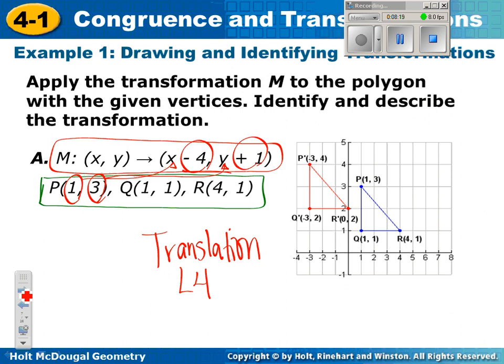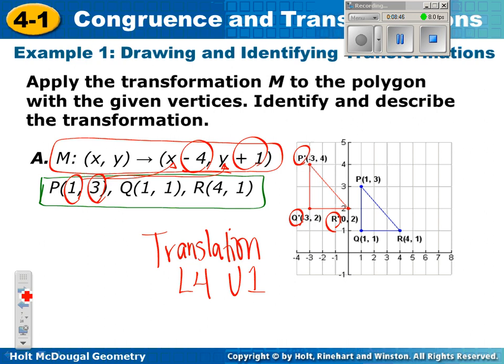And since it's a +1, that means we're going to go up 1, because that's where y's get positive. Okay? But again, for today, when you're investigating, if you're not sure what it is, you're going to plug the coordinates in, you're going to find your new points. So on your graph, you should be able to take each of these points, go left 4, up 1. Don't forget to label them P prime, Q prime, R prime.